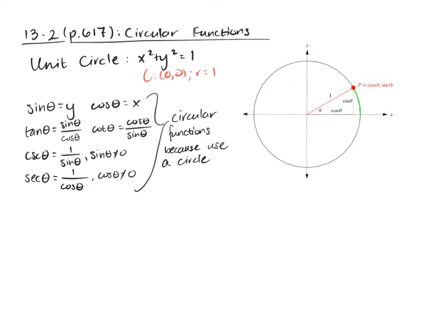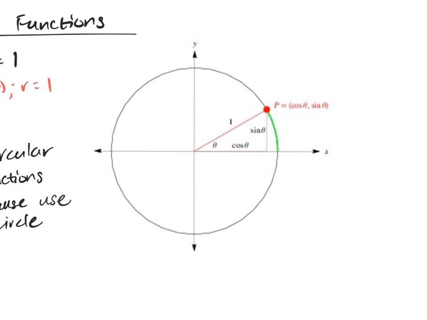And if you notice to the right of the screen, I've drawn that circle. So the radius here is 1, as you can see by that red line. What's so great about the unit circle is that with the radius being 1, we can define an angle theta between the x-axis and the radius. And that corresponds to a point on my circle.